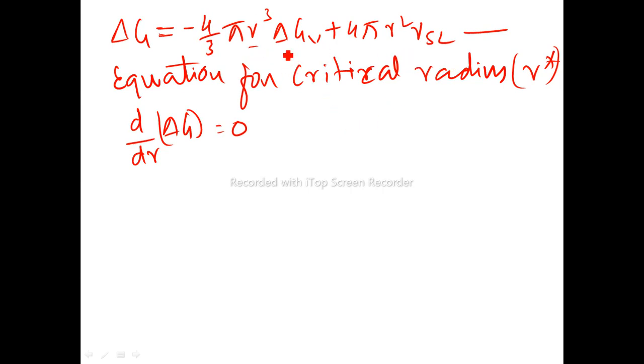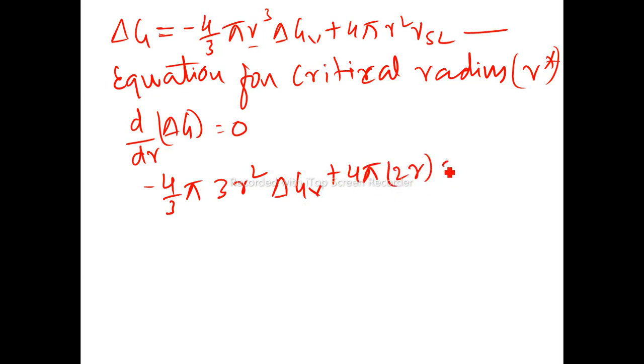Okay. So after differentiating, first of all I will write minus 4 by 3 pi as it is, r cube differentiation gives 3 r square, delta GV as it is, plus 4 pi into 2 r gamma SL, that is equal to 0.